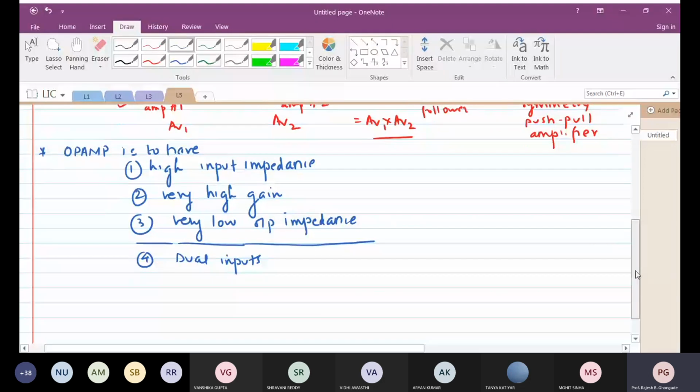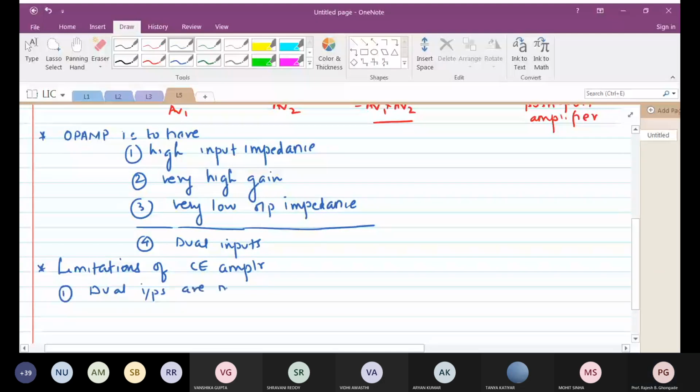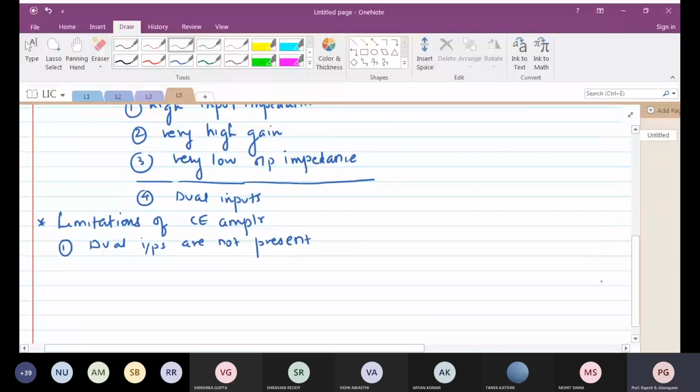So the limitations, I'll just list down the limitations of common emitter amplifier. Number one, dual inputs are not present. Number two, we have already seen, we require a large bypass capacitor.